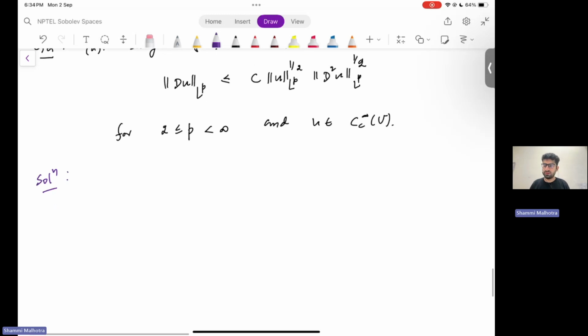Since we have a C infinity function, we don't really have to bother about this derivative. We can have the classical derivative, so we can directly do the integration by parts.